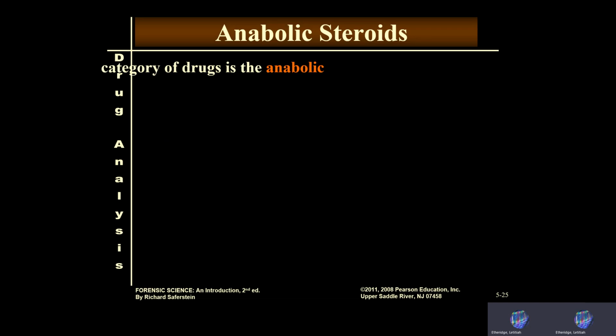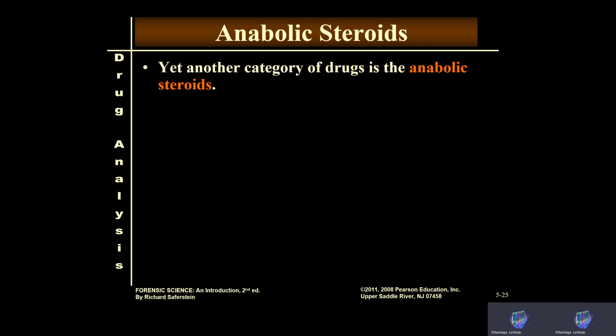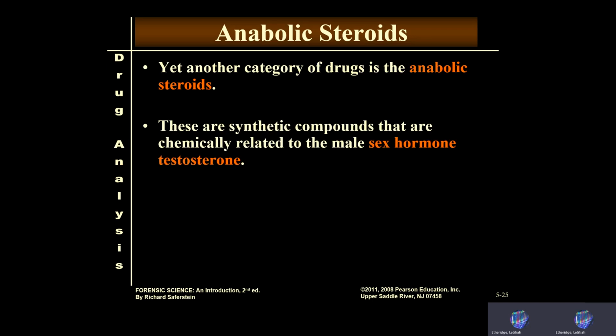Okay, that last category is going to be anabolic steroids. These are going to be synthetic compounds that are chemically related to the male sex hormone, testosterone. Basically, anabolic steroids, this is where they get the name roids. Like if you want to get swole in the gym, some people decide that the best route is the cheapest route, and that is to take roids.